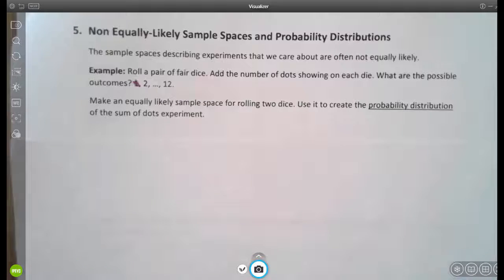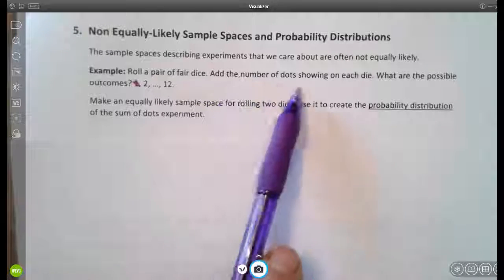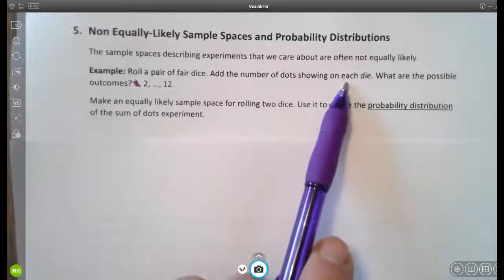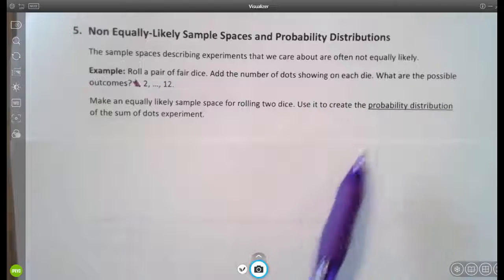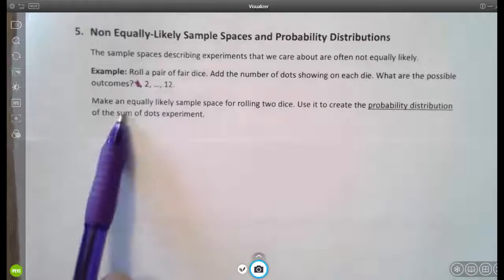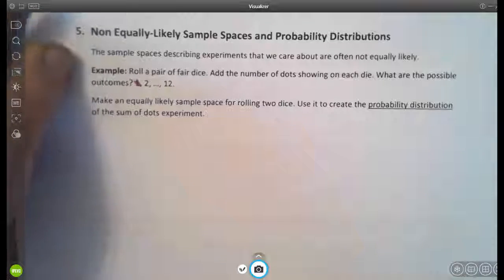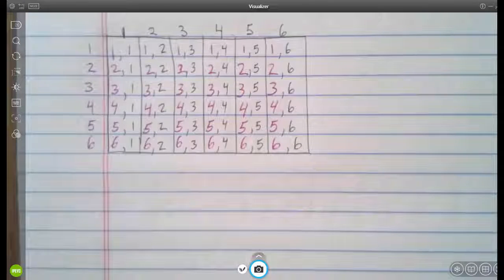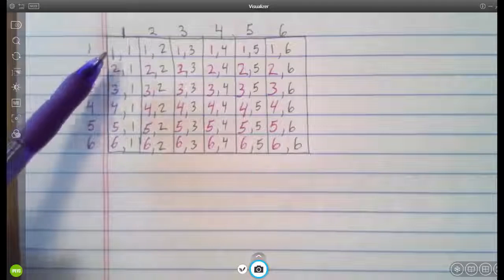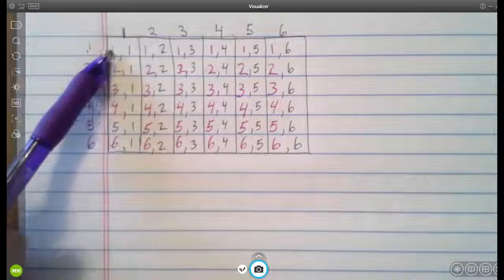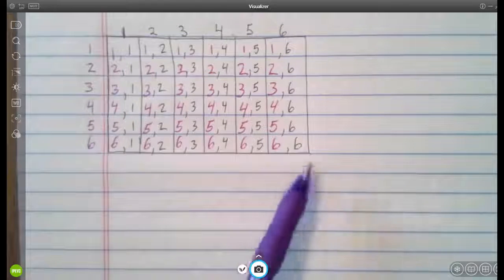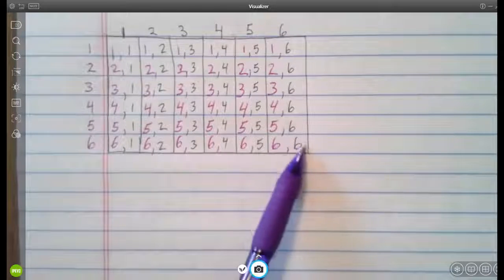What we want is to add the number of dots that are showing on the dice and then make a probability distribution for the sum of dots. Now, when we start looking at the sums, we can see that we are no longer looking at an equally likely situation anymore. For instance, to get a sum of 2, there's only one way, and that's the same for getting a sum of 12.